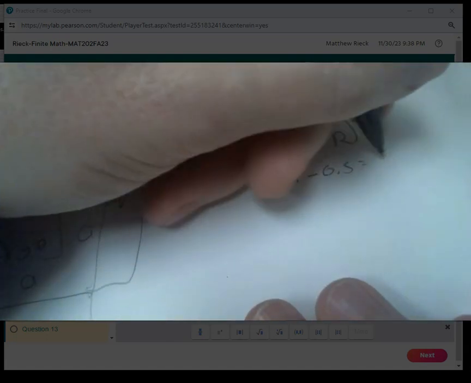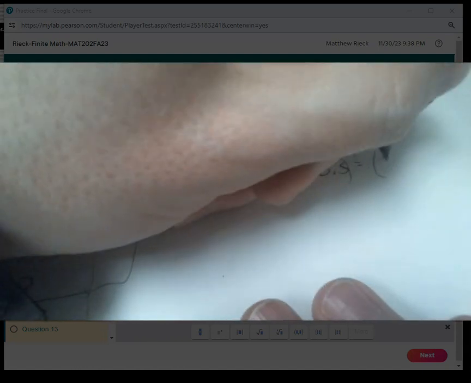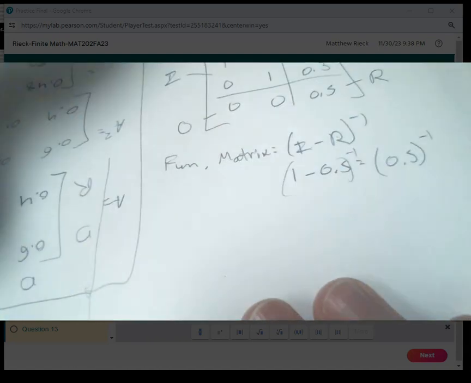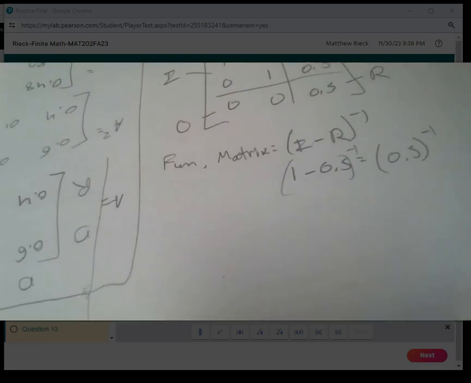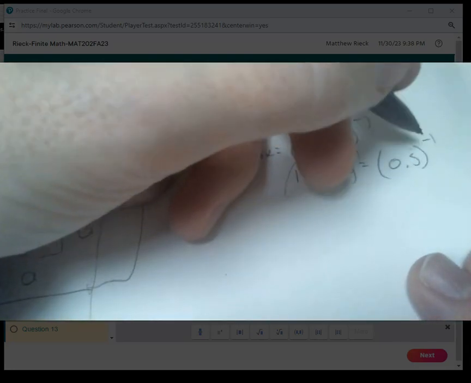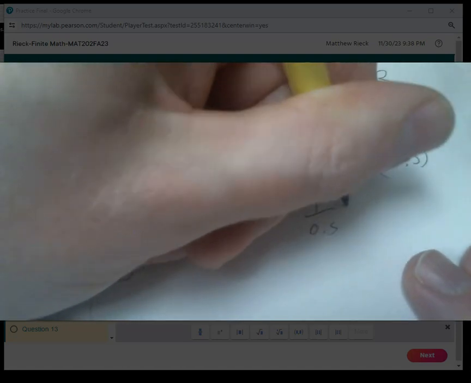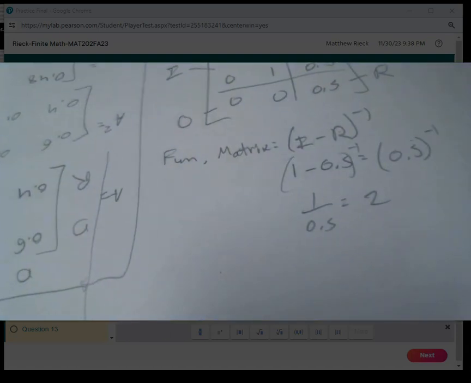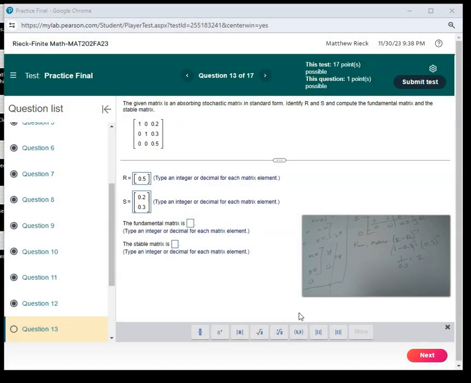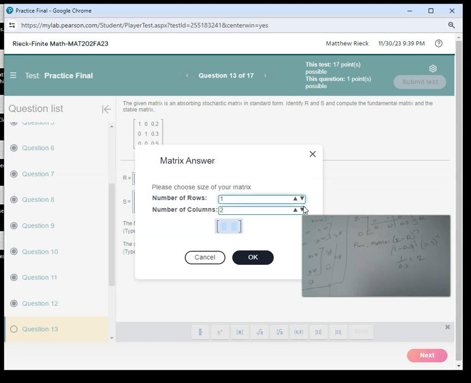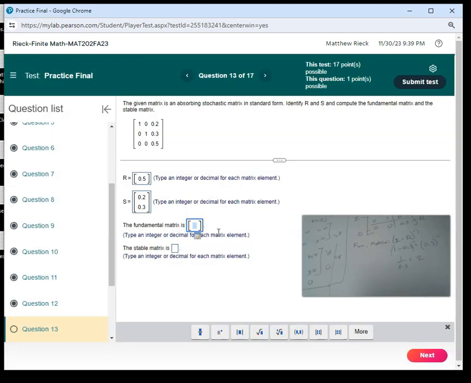So that's my I minus R. So we have 0.5 inverse, which again, when you just have a single element, the inverse is just going to be 1 divided by that. So you have 1 over 0.5, which is going to be 2. So my fundamental matrix is, again, just a single entry, the matrix 2.